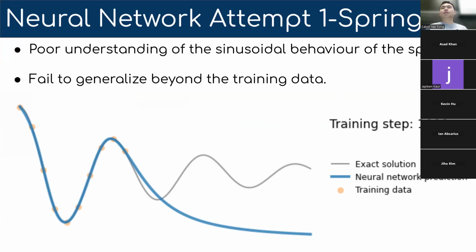And this is pretty problematic because this is a pretty simple example, probably one of the simplest models of physics you can come up with.